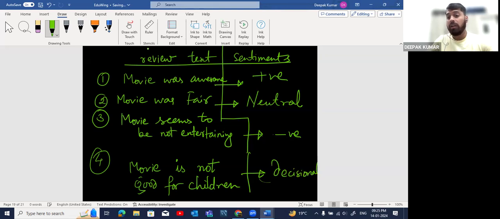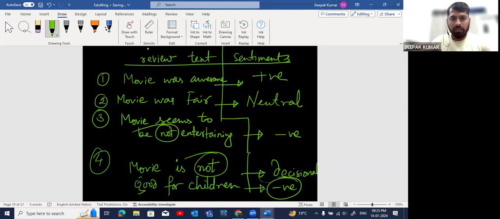But if your machine is not given that tagging, that category, then the machine will take it in the form of negative. Why? Because of the term not here. Are you getting the understanding by the machine?